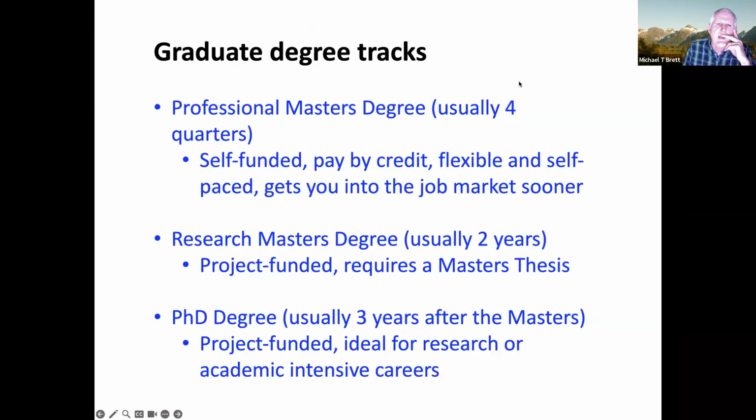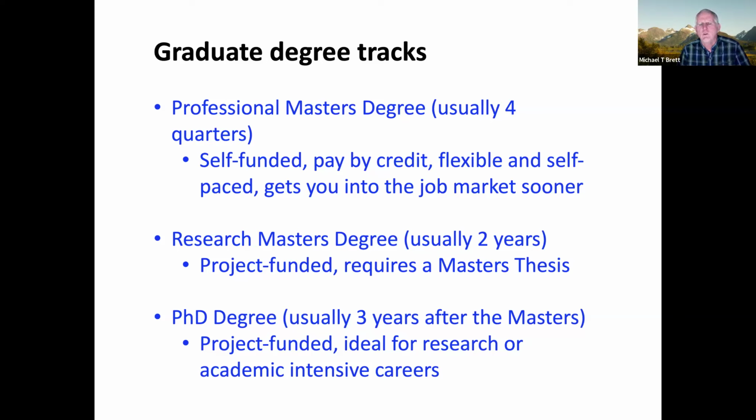We have different tracks in our graduate program. One track is a professional master's program where you pay for the classes. It's self-funded, which means that you pay credit by credit for each course. It's very flexible, and the structure is very self-directed. So we let you develop a curriculum that matches your professional objectives, like what you want to maybe do, like stormwater management, drinking water treatment, habitat restoration, wastewater treatment.